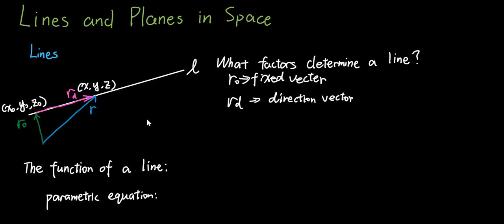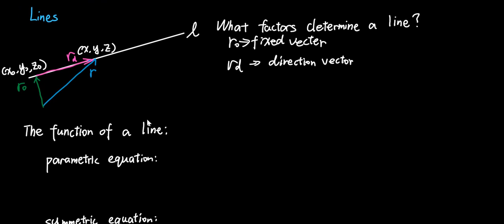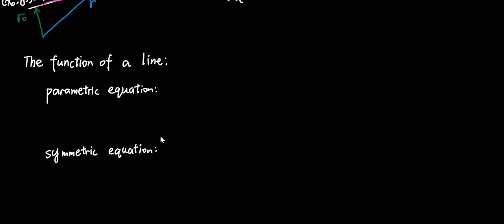So we can describe a line in two ways. The first way is the parametric equation, and the second one is the symmetric equation. In the parametric equation, we need to find a parameter. I assume that the parameter is t.